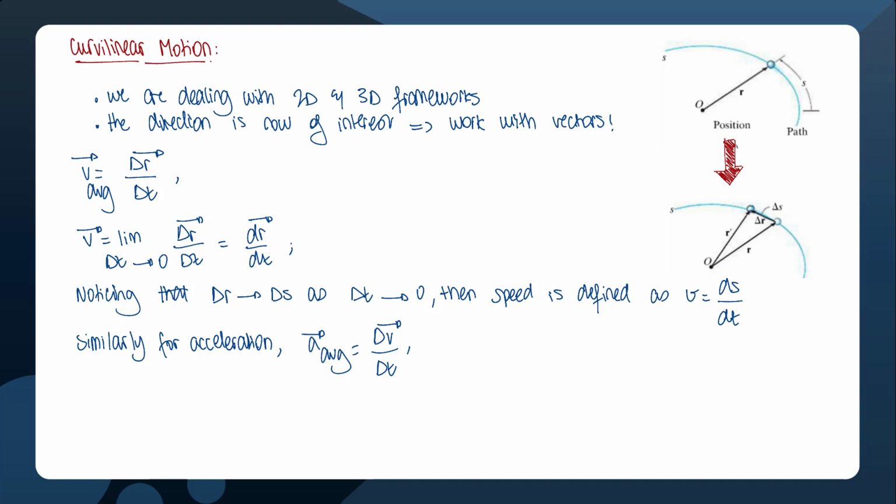By taking the limit as delta t goes to 0, one has the instantaneous acceleration, a, is equal to dv over dt as vectors, and then doing the replacement again, one has that a is equal to d2r divided by dt2. Now notice that the vector is only valid for the parameters such as velocity, displacement, position, and acceleration, and not for time. So you should never put a vector on top of dt.